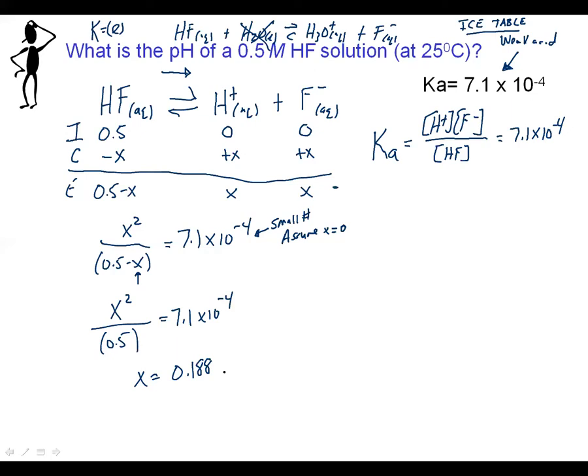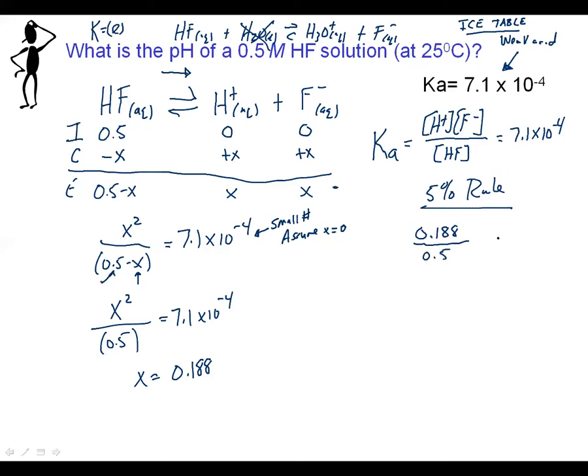Now, a reminder, just like we talked about before, if you make the assumption, you do have to check your assumption. So to check your assumption, we again are going to use the 5% rule. You take the x value that you got, you divide it by what you're going to subtract it from, which in this case is 0.5.